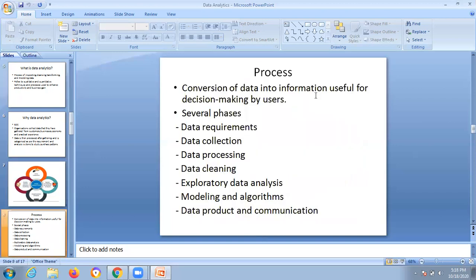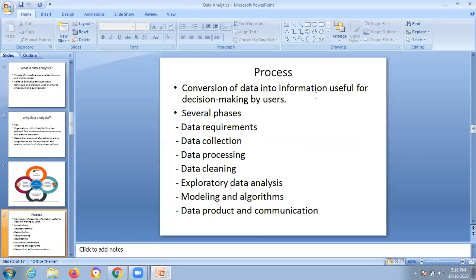And what is the process of applying data analytics? First, you need to convert the data into information. Every time you have data, but you need to convert the data into a piece of information where quick decision making can be observed by the users. And suitable phases are there. First, you need to collect the requirements, analyze the requirements, and process that.